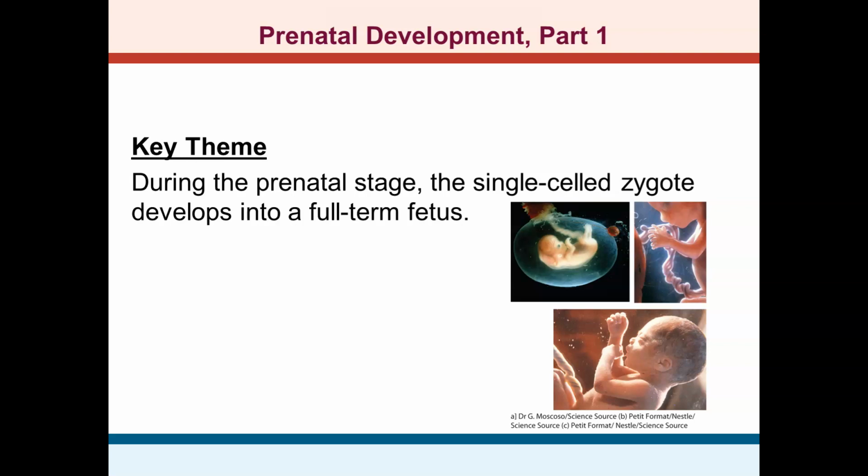Prenatal obviously means when one individual starts to develop from what's known as a single-celled zygote and starts to develop into a fetus. That phase right there is what's known as prenatal development.